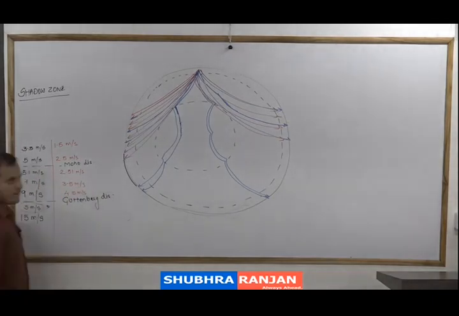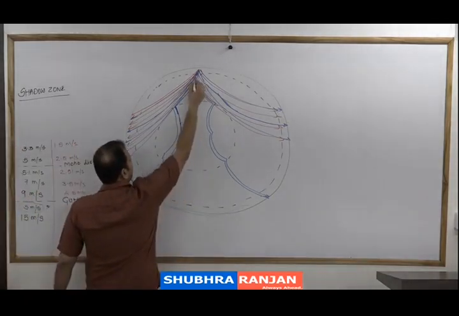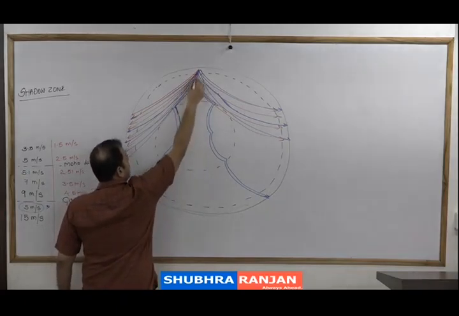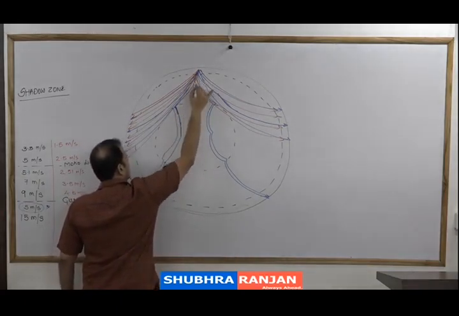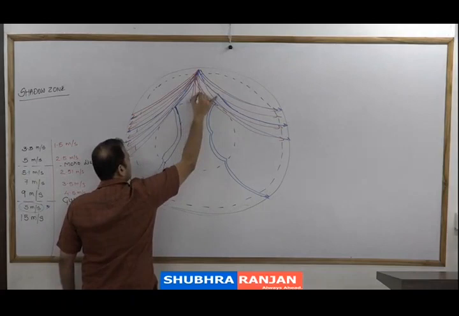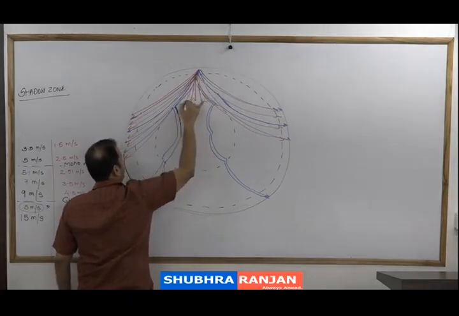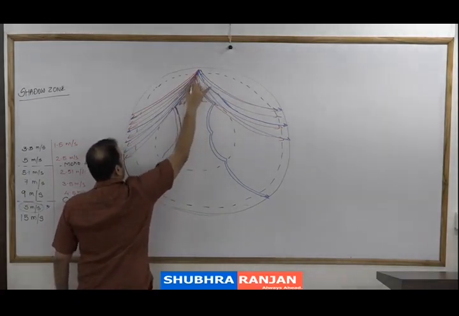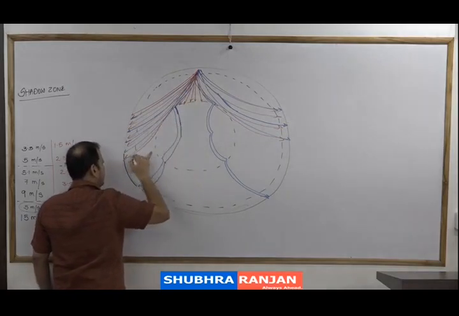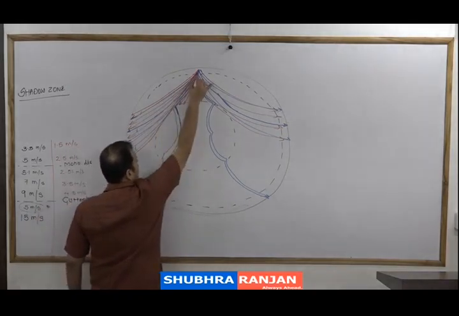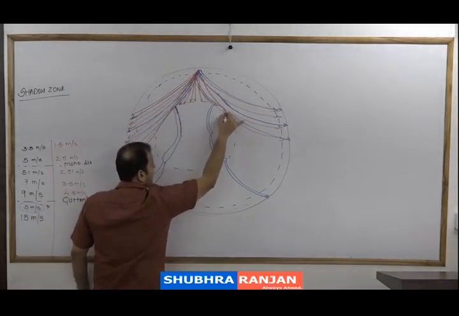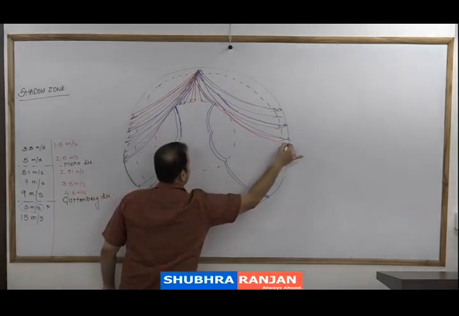But surprisingly, after this boundary line, whatever S waves there were, they could not pass through the core. And the last S wave that was recorded was at the boundary line of this black color.